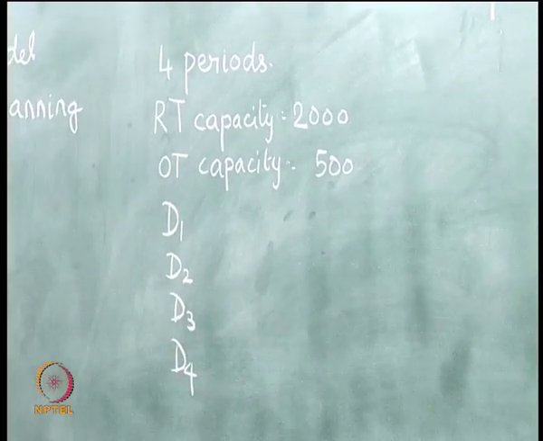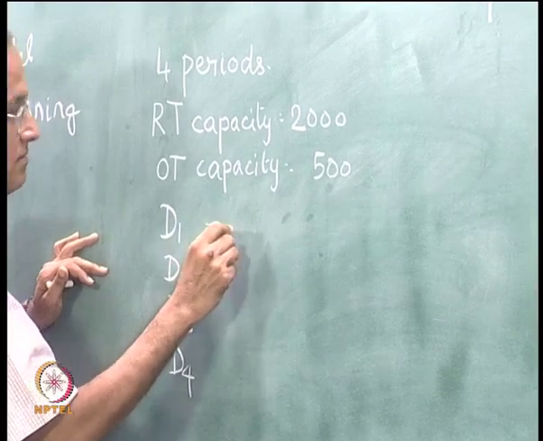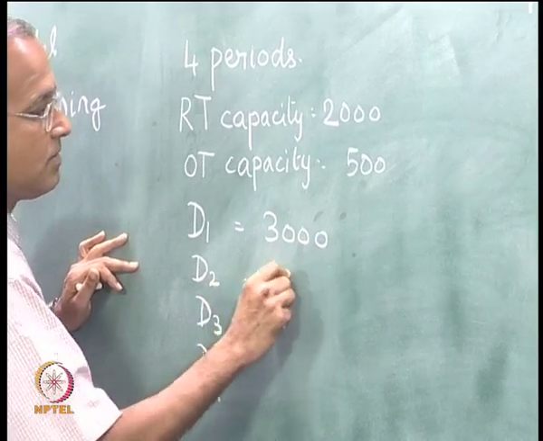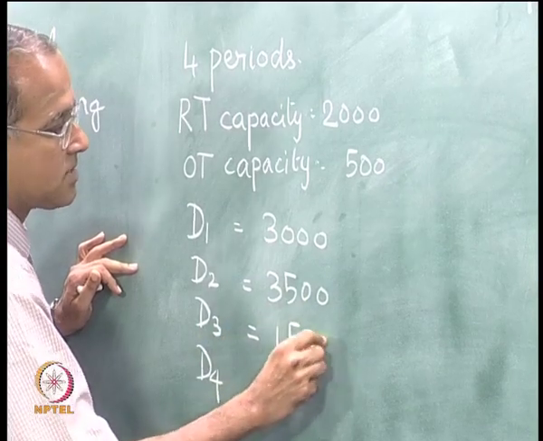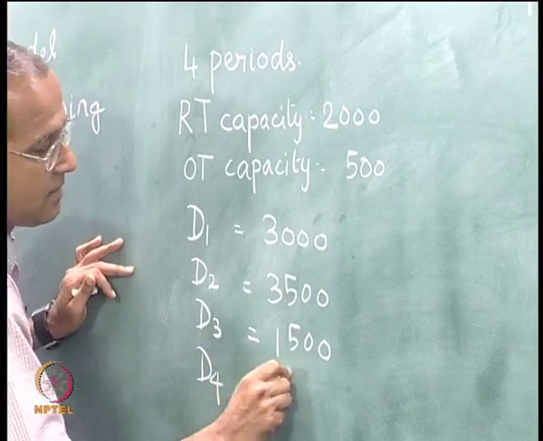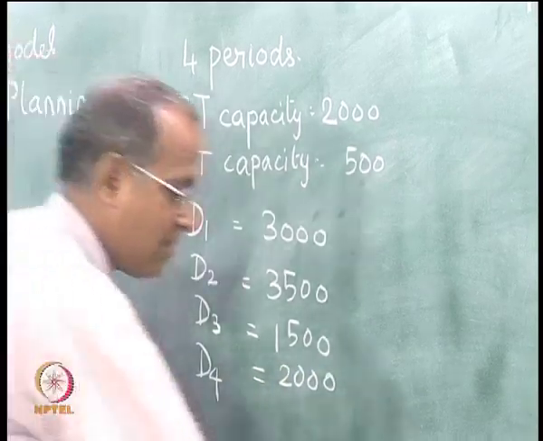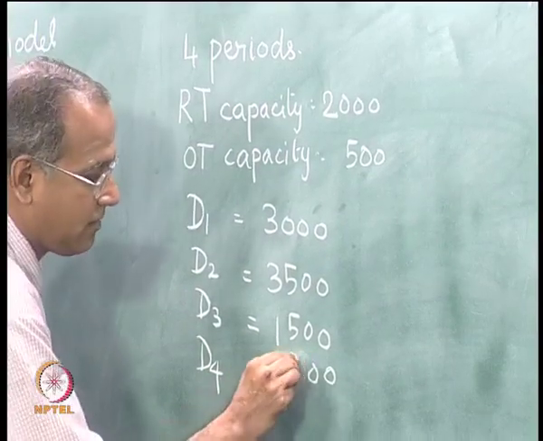Demand is also represented in terms of man hours. So let us say the demand values are 3000, 3500, 1500, and 1500.